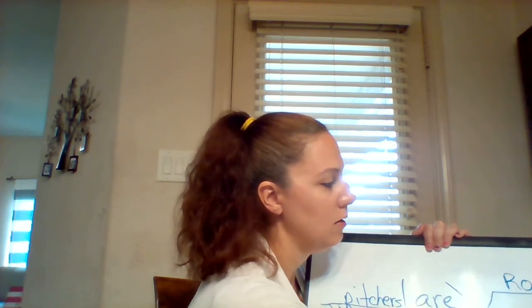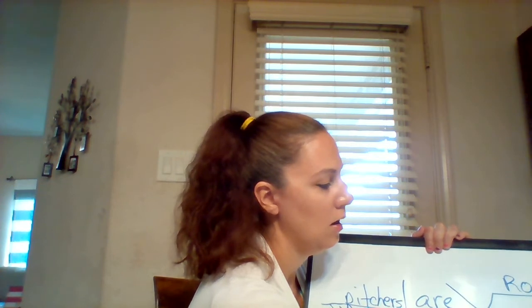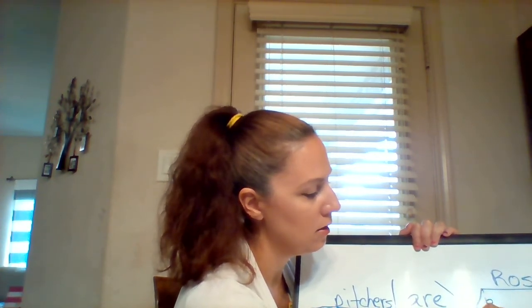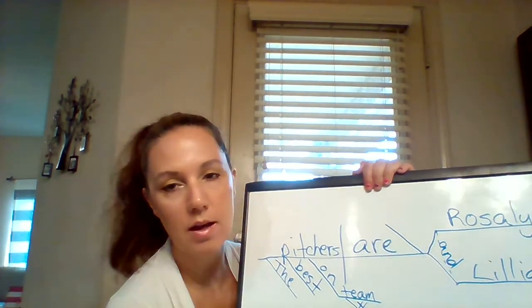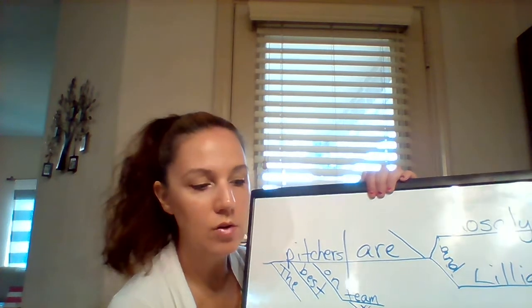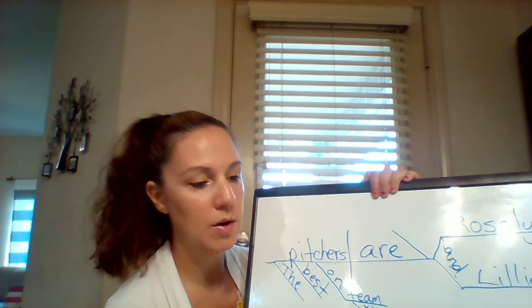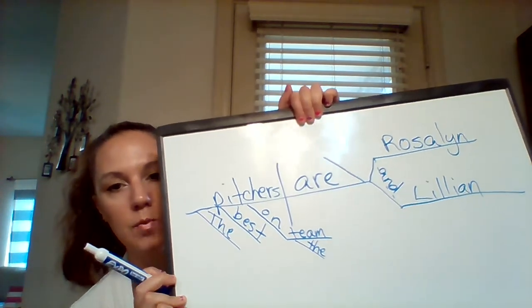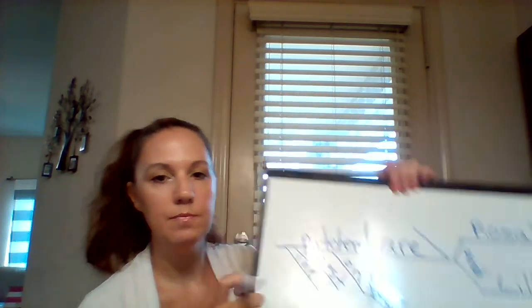So Rosalind, Lillian, and they're separated by and. And probably 99% of the time, you're going to have and in the middle. Every now and then, you'll get an or, but most of the time, you're going to have and in the middle. Okay, so we have a different spot for each word. Okay, separate each word out.